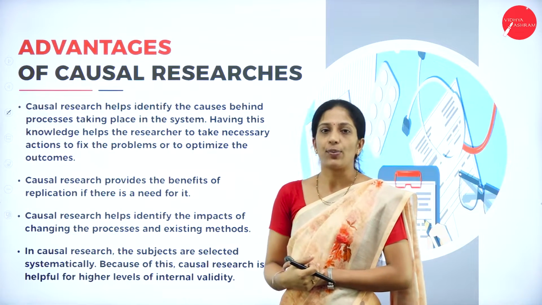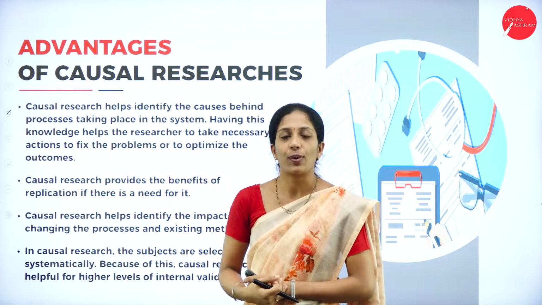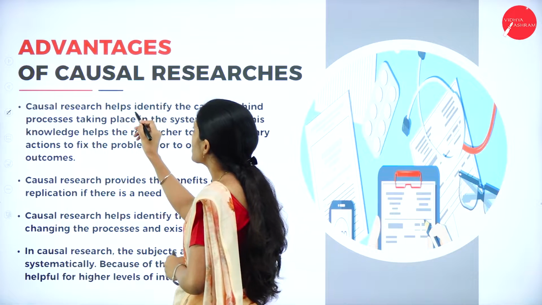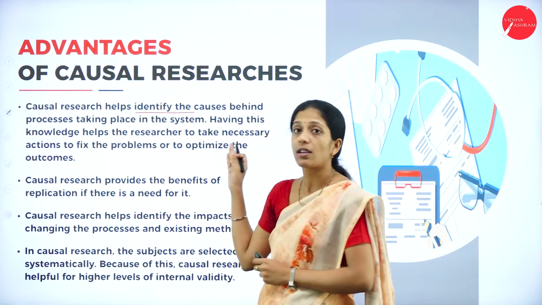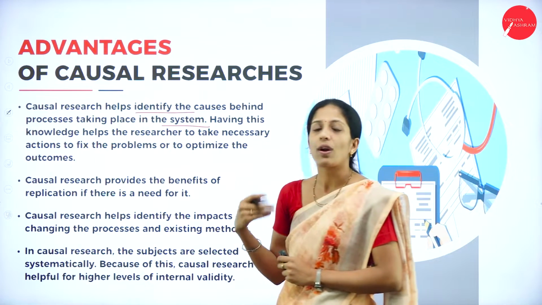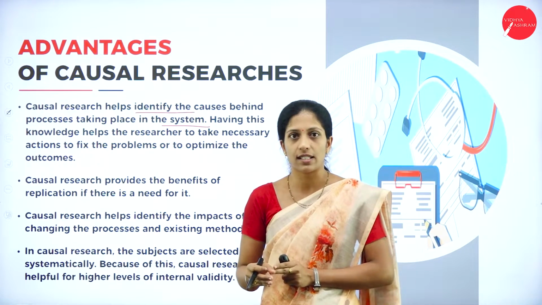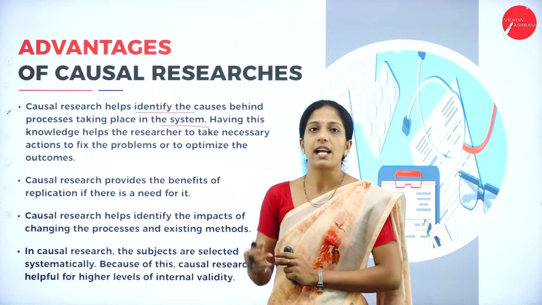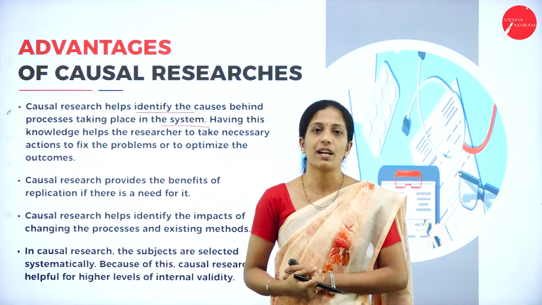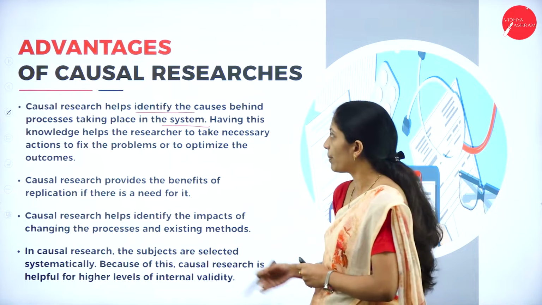Now coming to the advantages. Let us see a few of the advantages of causal research. The first one is, causal research helps to identify the causes between the processes taking place in the system. What are the changes that take place in the system? That can be easily identified through causal research. Changes here are nothing but the cause and effect relationship.